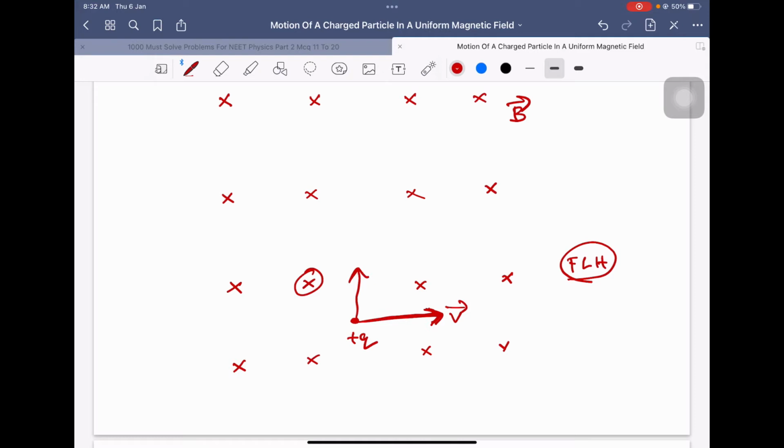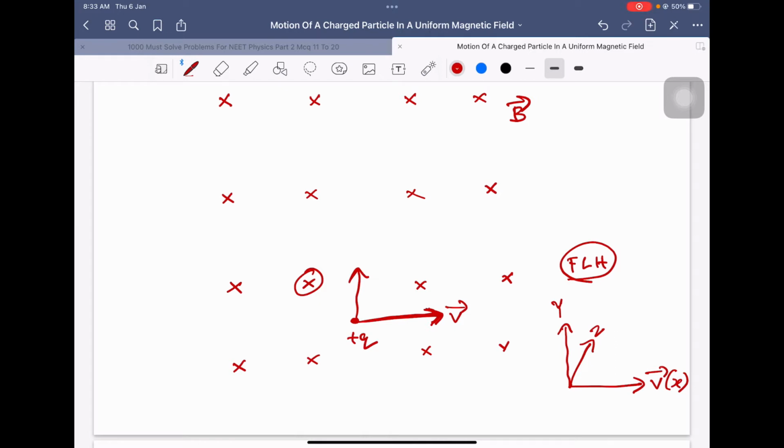You can imagine like this. Let this be the direction of velocity, let this be the x-axis, this the y-axis. I'm trying to give an understanding. This is the z-axis, and it is going into the plane of the paper.